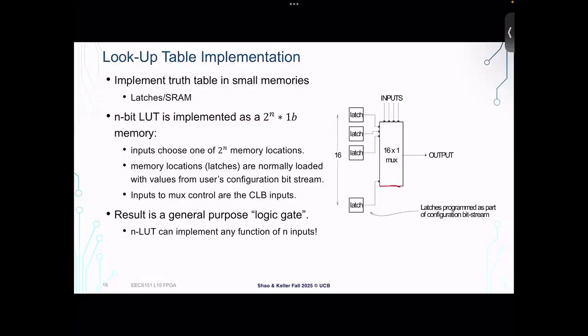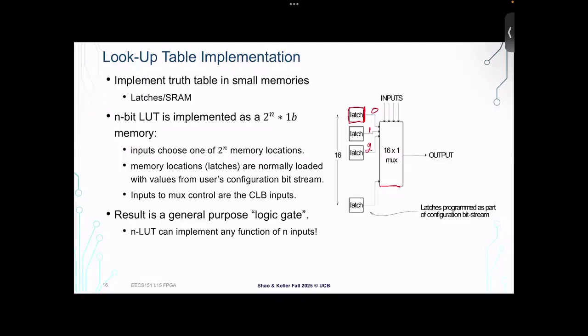And so in particular, an n-bit LUT is implemented as 2 to the n 1-bit memories, right? These memories here are denoted as latches. For our purposes today, you can just think of a latch as the same as a flip-flop or a register, right? It's just something that stores state. So for this 4-LUT, we're storing 16 bits of state in the latch. And then the inputs just select between them. Should I pick bit 0, bit 1, bit 2, and so on.